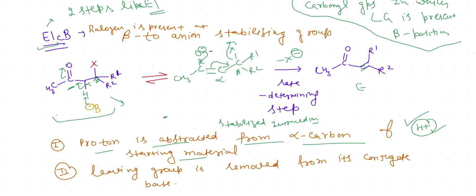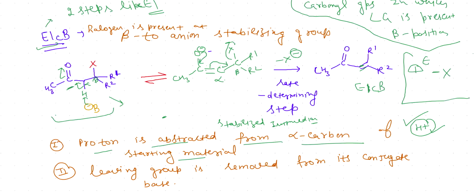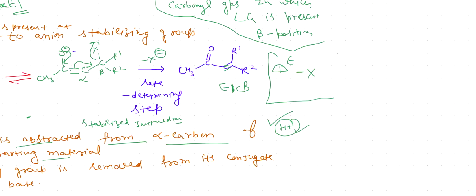What was happening in E1? In E1, first of all, there is removal of halogen. I'm using another marker to distinguish, okay? Because in E1, the halogen was removed first, then second was abstraction of H positive.